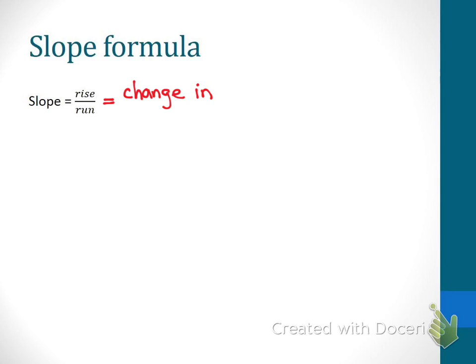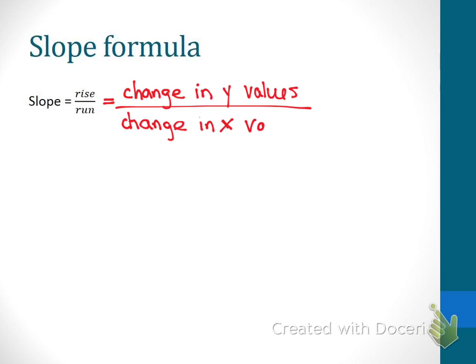Rise is up and down, so it's going to be your change in your y values over your change in your x values. Okay, between 2 points. So rise over run, the change in y over the change in x.